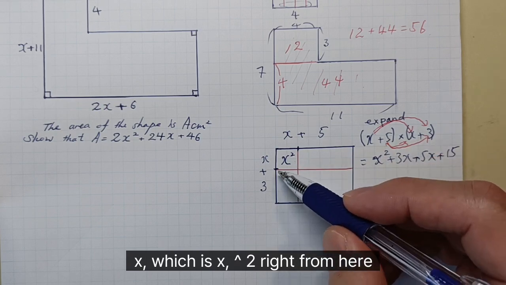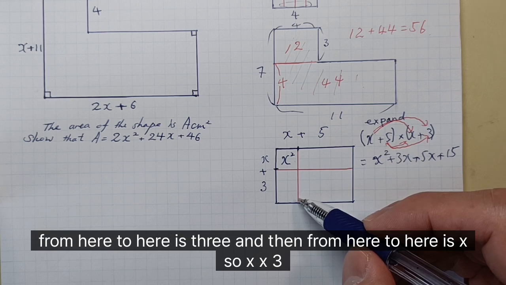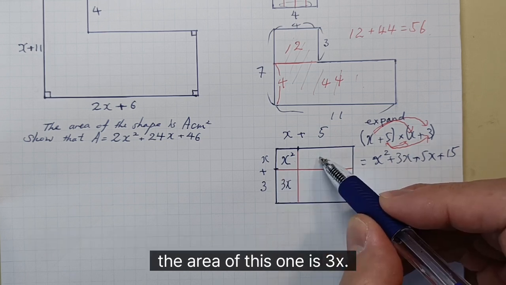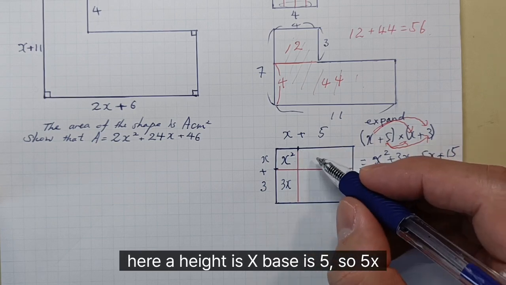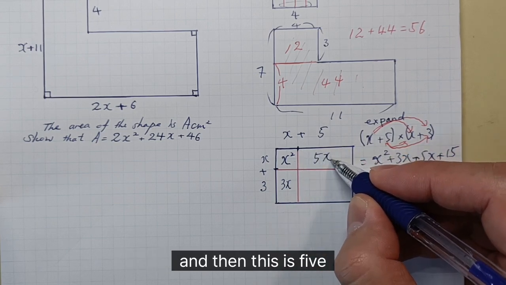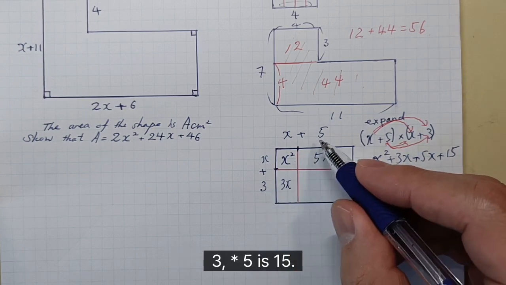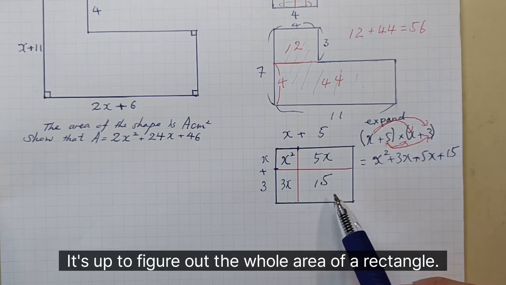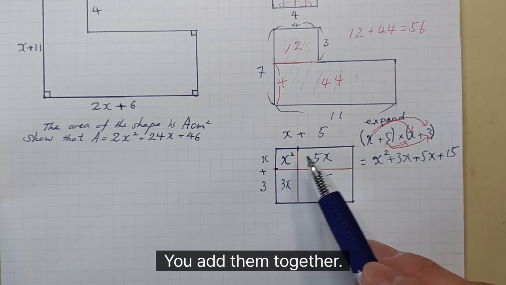And then from here to here is 3, and from here to here is x. So x times 3, the area of this one is 3x. As height is x and base is 5, it's 5x. And then this is 5 and this is 3, 3 times 5 is 15. So to figure out the whole area of the rectangle, you add them together.